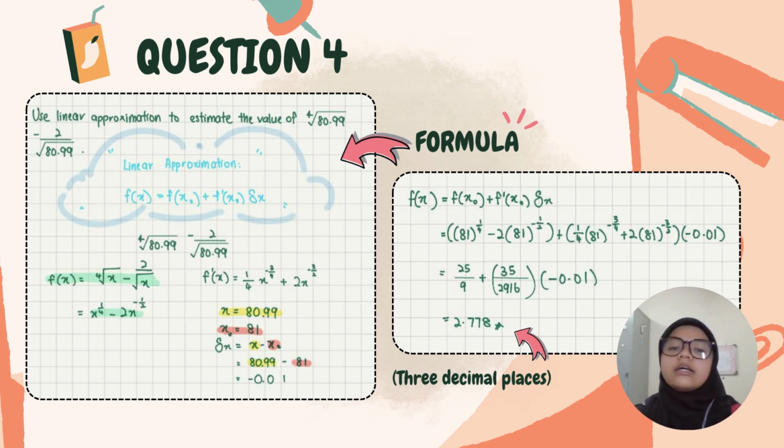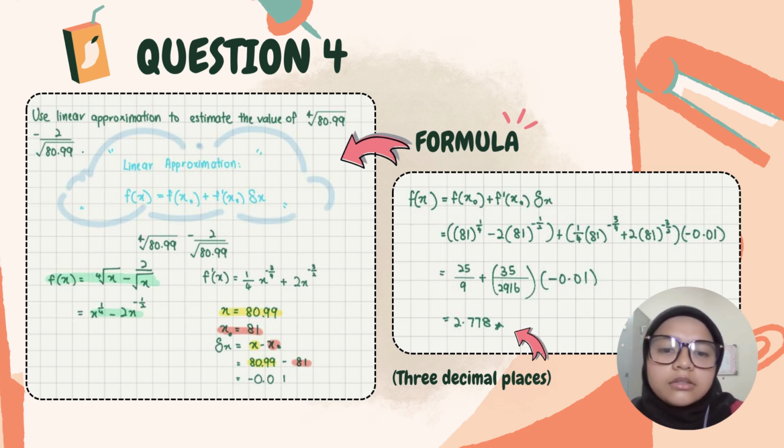Then we let x equal to 18.99 and x0 equal to 81. So delta x is the difference between x and x0. In this case, delta x equals 18.99 minus 81, which is negative 0.01. Then using the linear approximation formula, we estimate f(x) as f(81) plus f'(81) times negative 0.01.